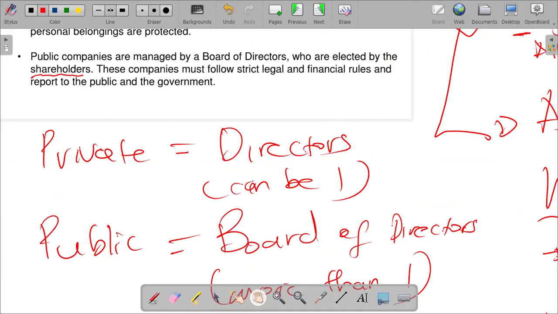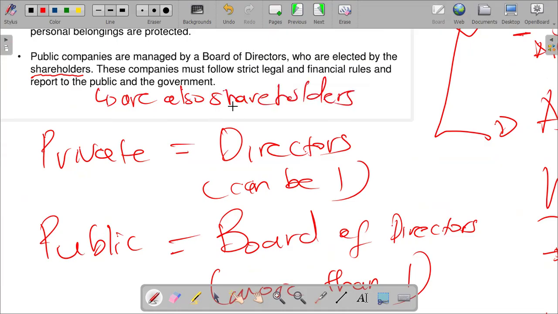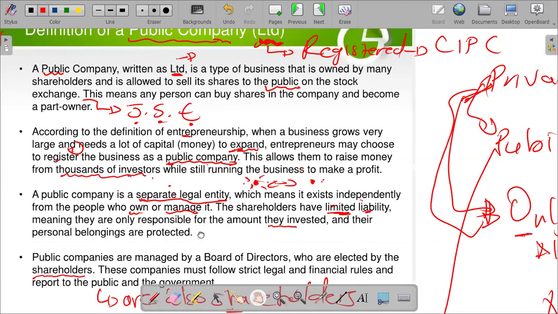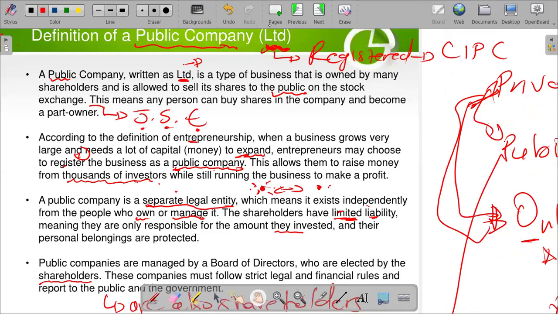Why the public? Because these are also shareholders. Remember, in a public company, the public can buy shares and become shareholders. And the government is also involved in a sense of protecting the public. All right, so that's the whole definition of what a public company is.